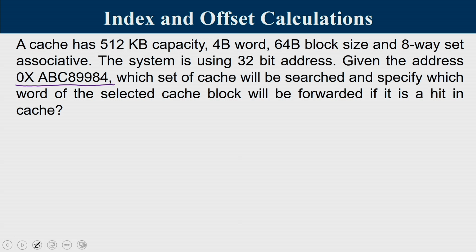So, first we have to understand how many sets are there in the cache. I have a cache that has a capacity of 512 KB, the word is 4 bytes, each block in my cache is 64 bytes, and it is an 8-way associative cache. 8-way associative means the value of E is 8, there are 8 blocks in a given set.